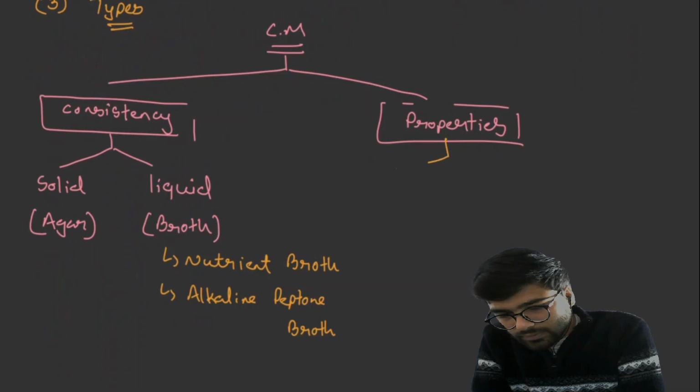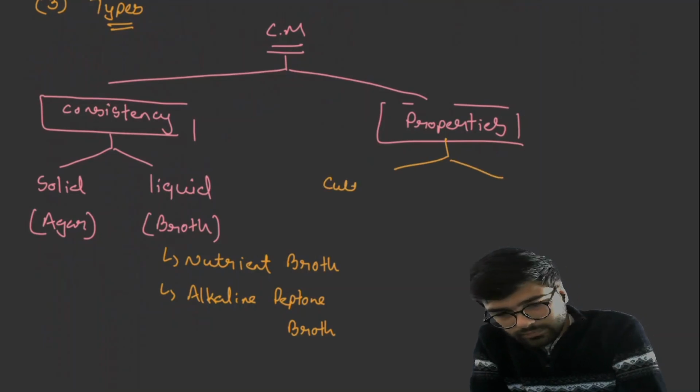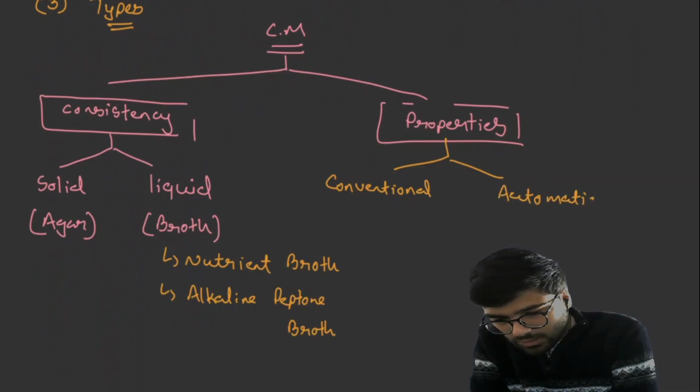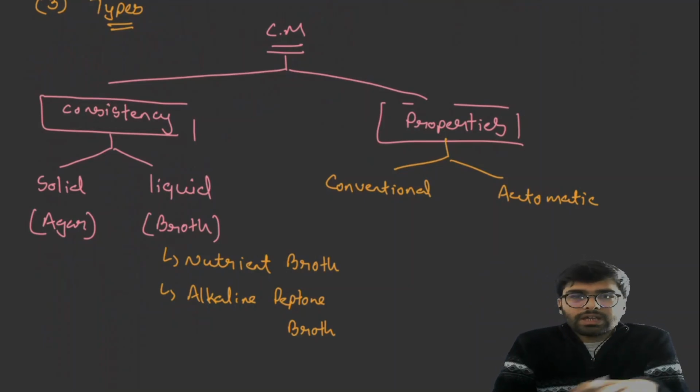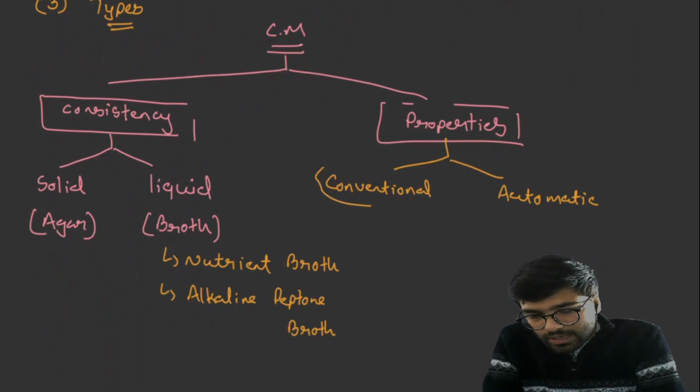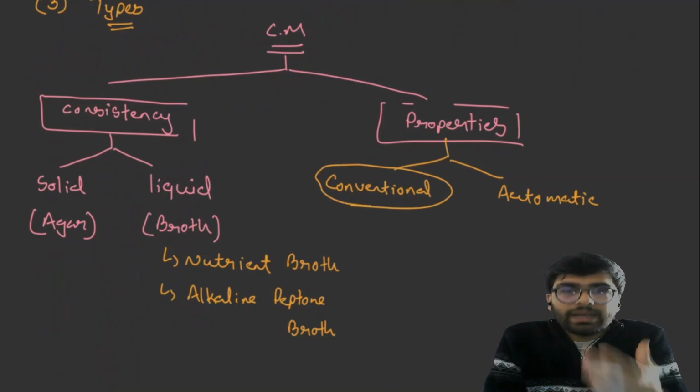Now, if I talk about the classification based on properties, then we can have two further sub classifications, and they are based on conventional methods and automatic methods. So we classify culture media based on conventional media, and we have automatic media. Now this conventional media are actually seven.